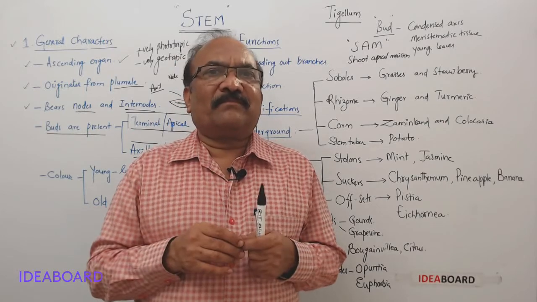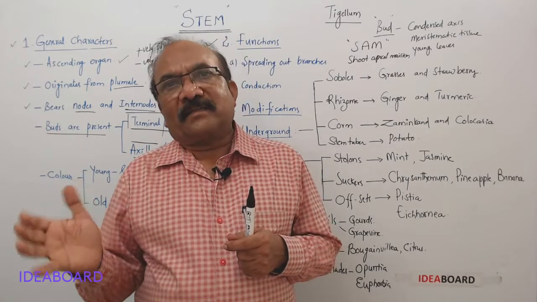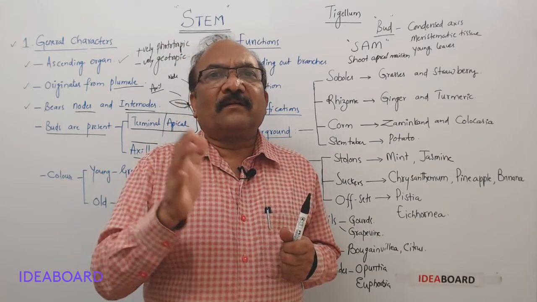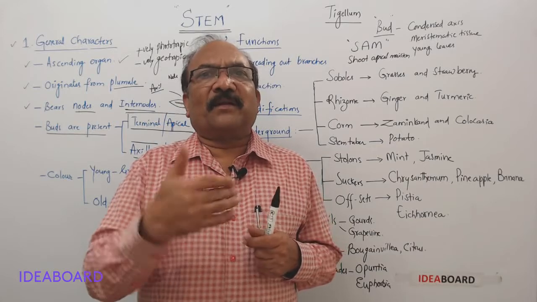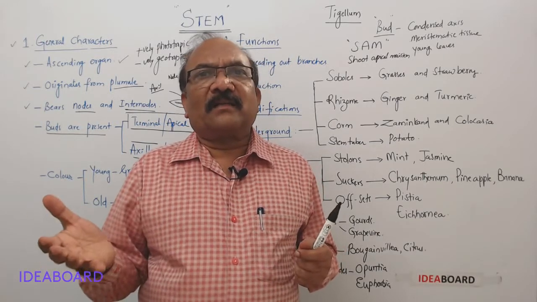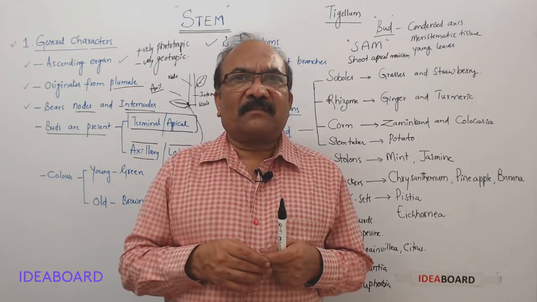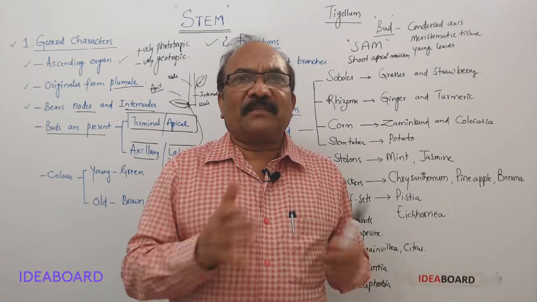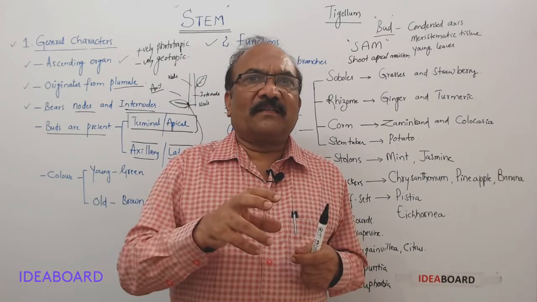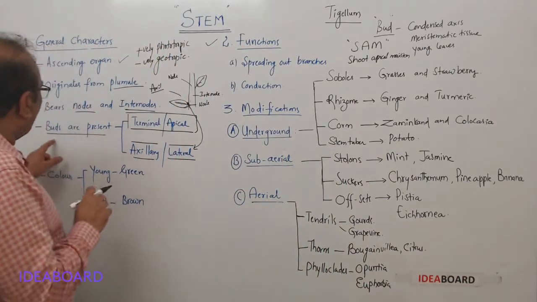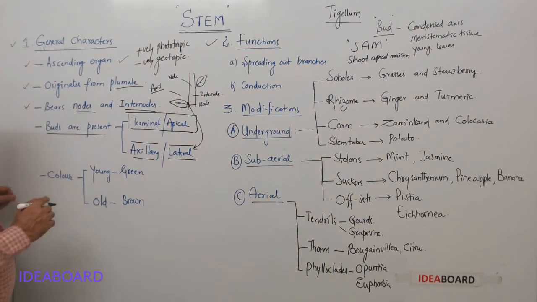Not both of them, either the axillary bud or the terminal bud. That depends on the plant. In some plants, axillary buds will become flowers, and in some plants, the terminal buds will become flowers. Then the other bud will take rest during that reproductive phase. Like that you will find these buds.